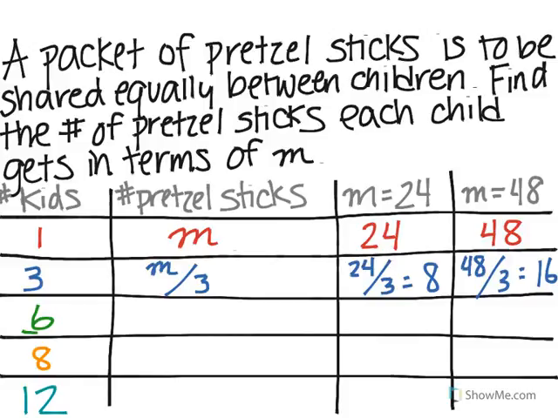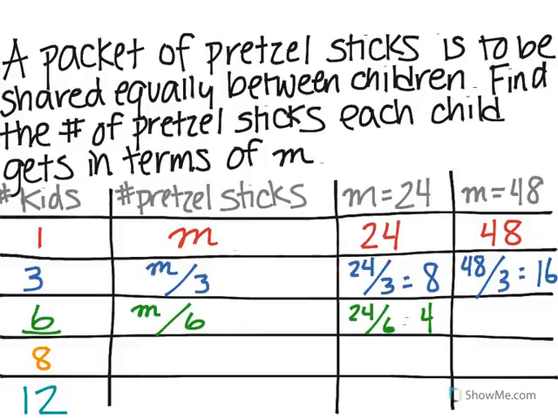Okay, now if there are 6 kids, there are m number of pretzel sticks, and we're going to divide them by 6 kids. So we're going to substitute 24 in for m. 24 divided by 6 equals 4. So if there are 24 pretzel sticks, each kid would get 4.